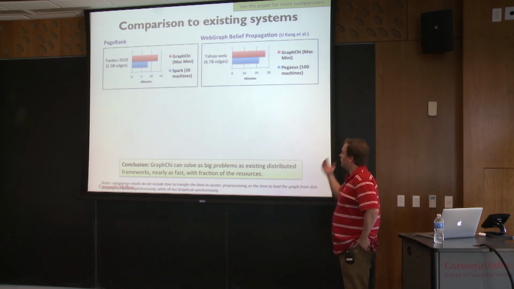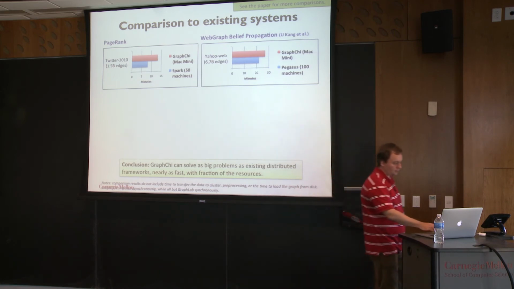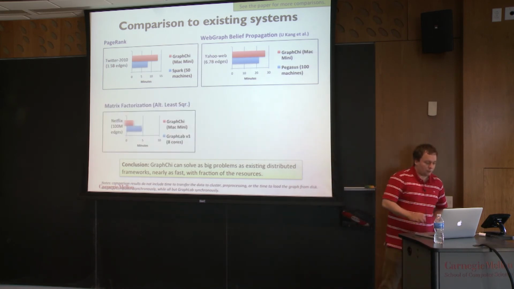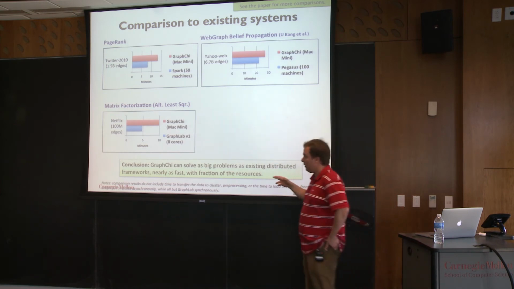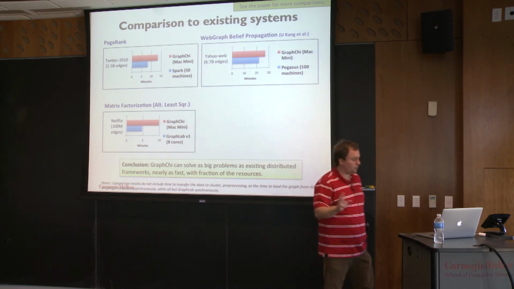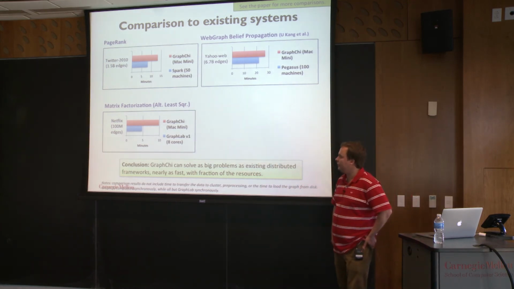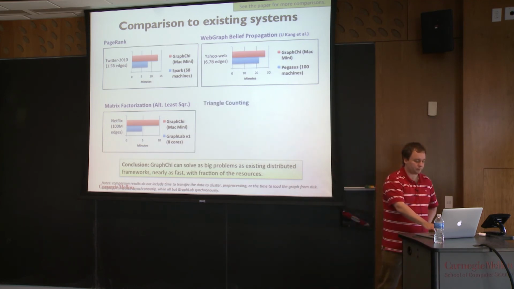GraphChi is a little bit slower than Pegasus on 100 machines. For matrix factorization, we raced against an earlier version of GraphLab, which is an in-memory system, and it's about twice as fast as GraphChi, but still we are in the same ballpark.